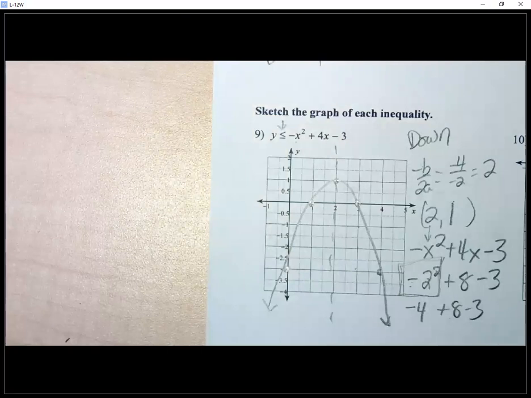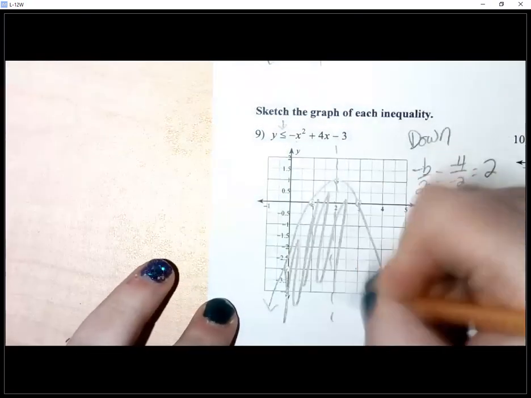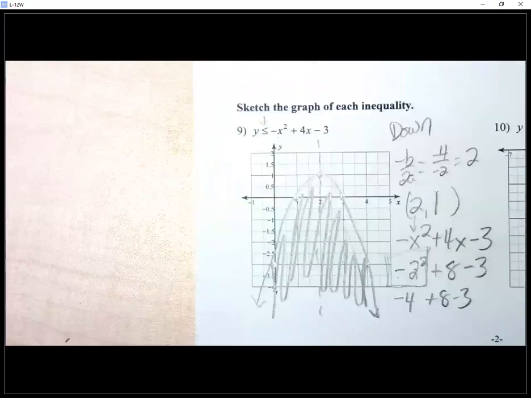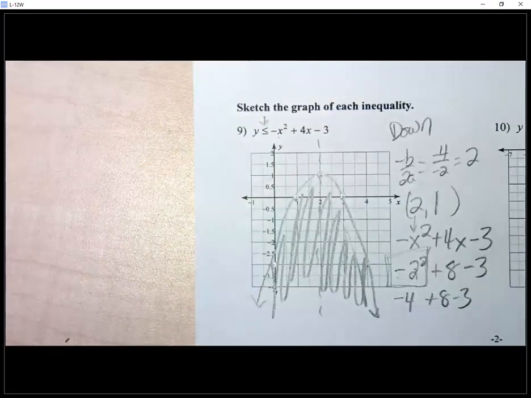Okay, if y is less than, where am I shading? Yes, down below this curve. So in this case, it's all down here. And that's it. So if you have an inequality, that's the only change that you need to make. Just dotted or solid and the shading.